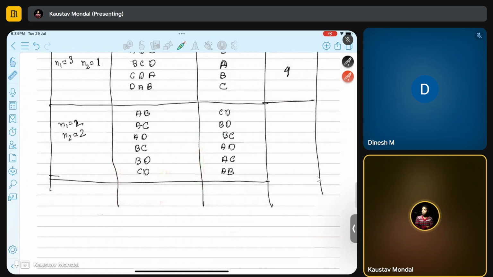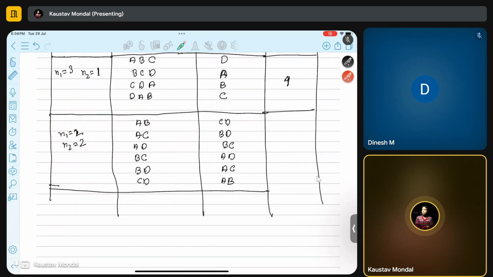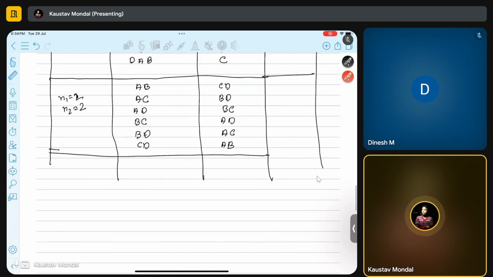So these are the possible configurations for this particular macro state. Now the number of total ways would be 1, 2, 3, 4, 5, 6, right? So 6 different ways. So far the highest number of microstates we are getting here is 6.